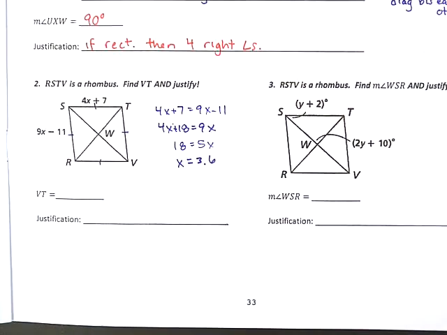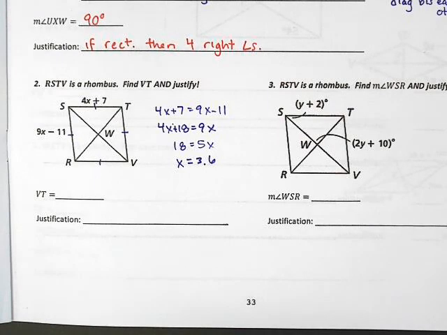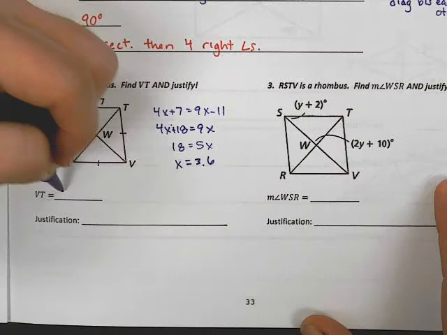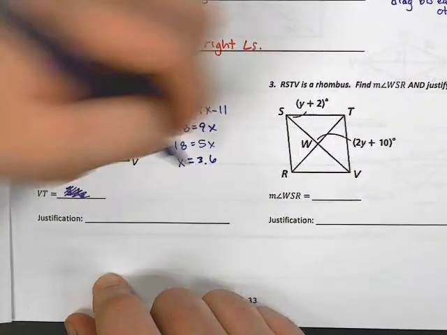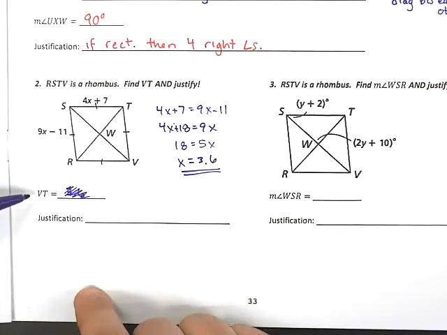Let me double check that real quick. Oh my gosh, 18 divided by 5. Yeah, 3.6. Okay? So we're going to go with it. x equals 3.6. I want VT.